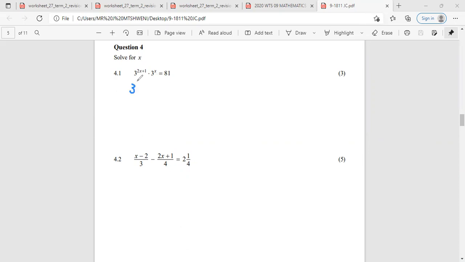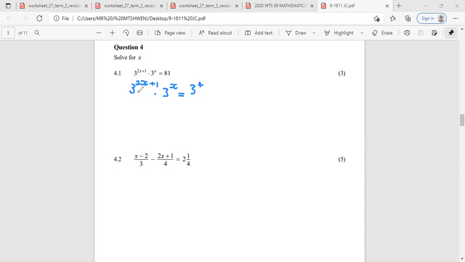So the first thing is 3 to exponent 2x plus 1 multiplied by 3 to exponent x equals. When you change 81 into exponential form, you find that 81 is going to be 3 to exponent 4.